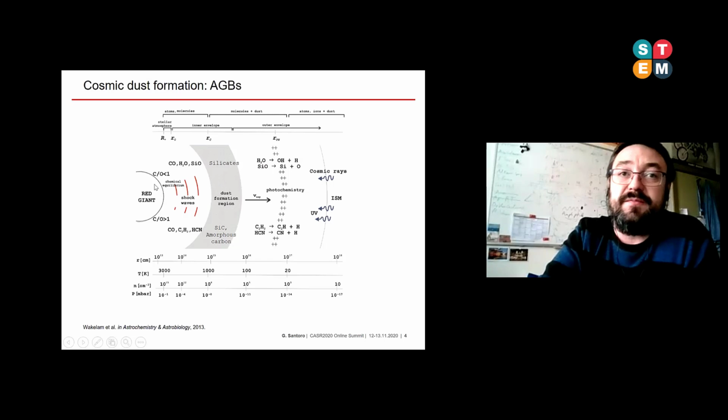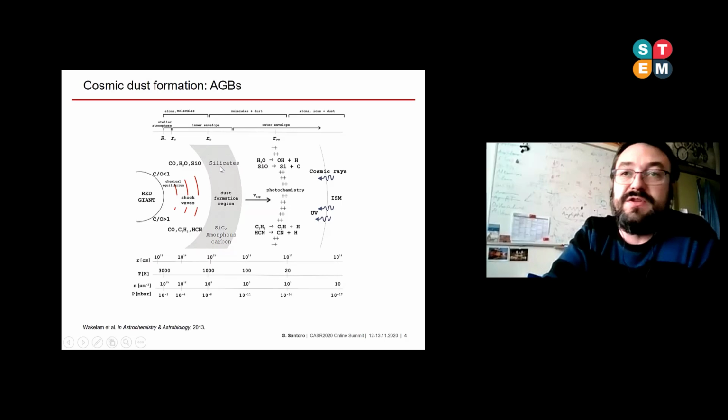Depending on the star, the composition of this dust is different. In the so-called oxygen-rich stars, where oxygen is in excess to atomic carbon, the composition of the dust is mainly mineral, mainly formed by silicates.